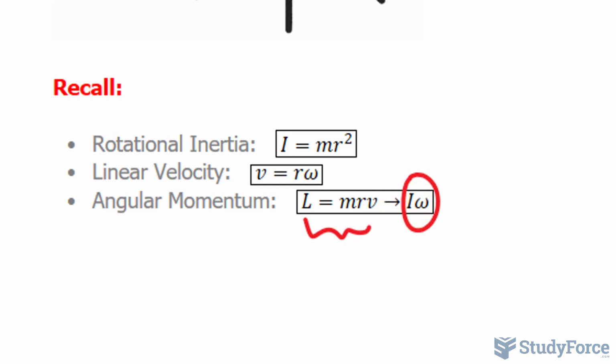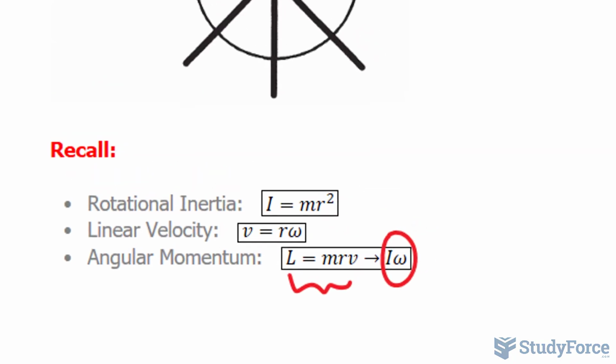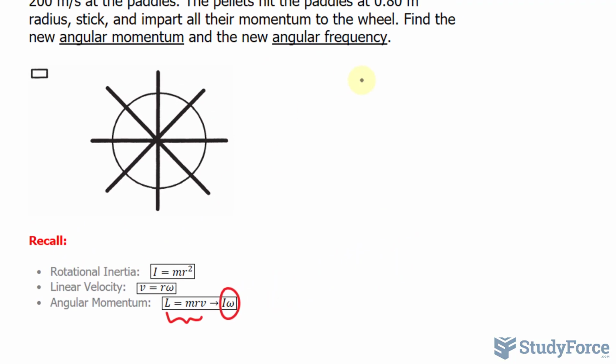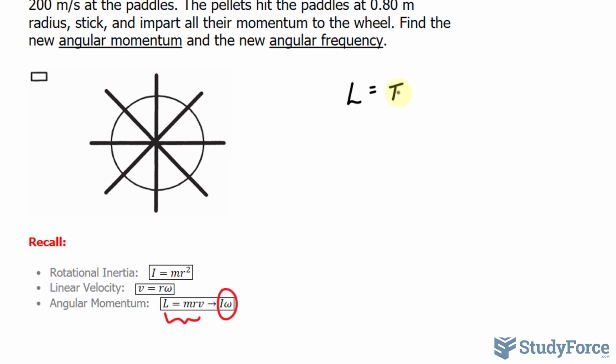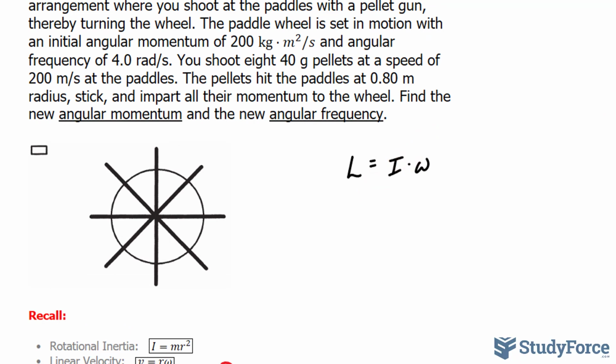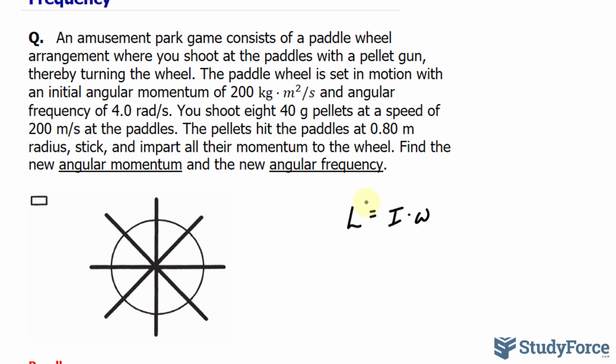Now with that being said, I want to calculate the initial moment of inertia of the paddle wheel before any of the pellets have hit it. And for that, I can use the formula at the bottom where I have L is equal to the moment of inertia, I'll solve for that, times the angular velocity. The reason why I'm using this formula first is because they've already told us the initial angular momentum, which I'll replace in for L. 200 kilograms times meters squared per second is equal to I times 4.0 per second.